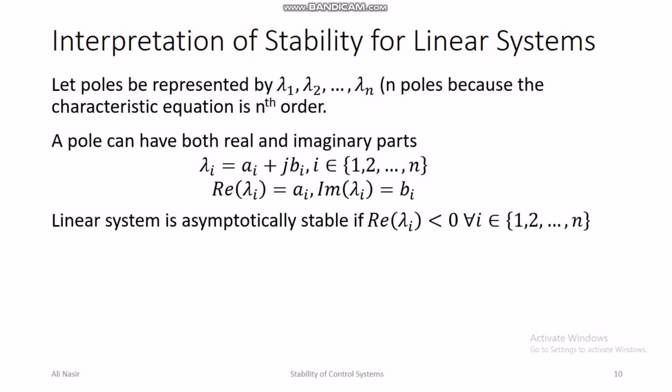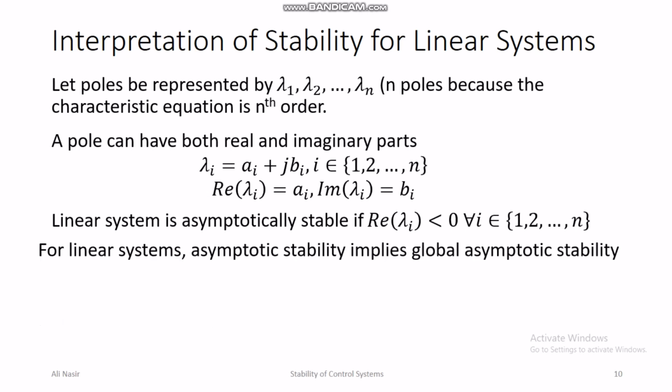So in order to determine whether the system is asymptotically stable or not, you have to calculate the poles of that system and determine if the real part of all the poles is less than 0 or not. Even if one of the poles has real part greater than or equal to 0, then it will not be asymptotically stable. For linear systems, asymptotically stable and globally asymptotically stable are the same thing.